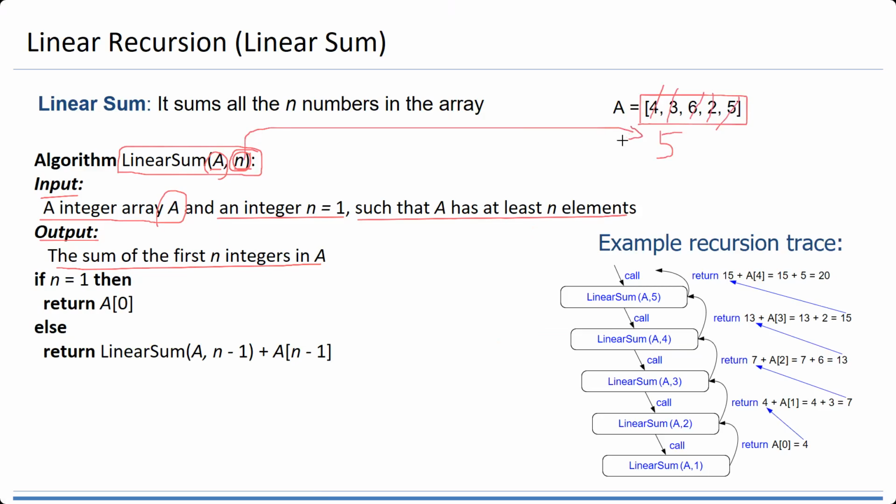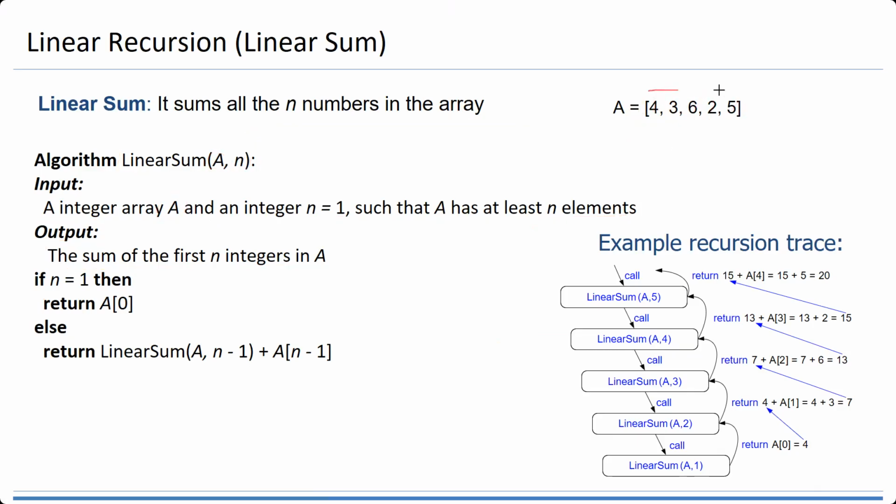Or I want to do only the summation of the first 4 integers. Let's say I have A, comma 4. It means I want to sum only 1, 2, 3, 4. So I do not want to use the last element. I'm just going to use the 4 elements, and so on. So n can be defined with any integer.